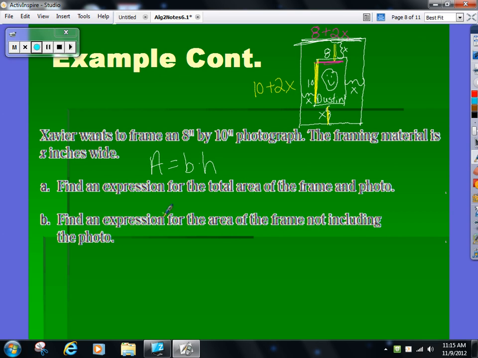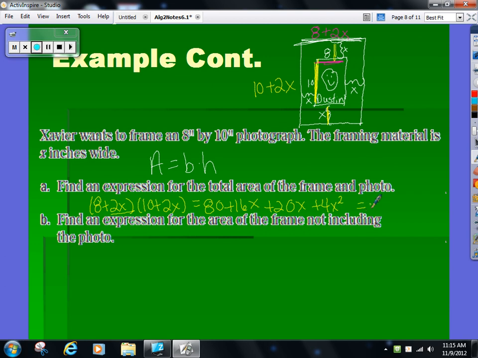So what is the expression for the total area? Well, I'm going to take 8 plus 2x, that yellow kind of shows up, times 10 plus 2x, double distribute. 8 times 10 is 80, 8 times 2x is plus 16x, distribute the 2x now, 2x times 10 is plus 20x. 2x times 2x is 4x squared.